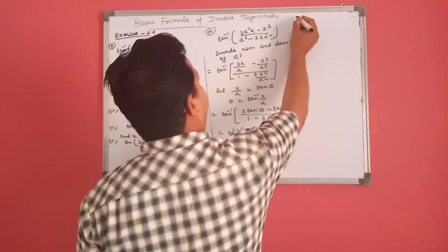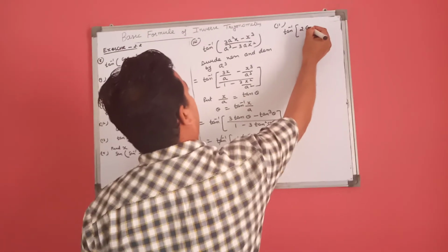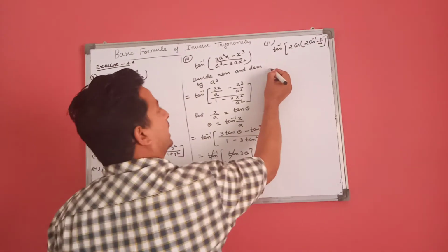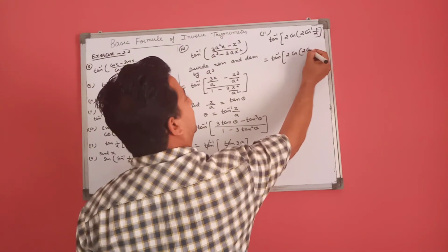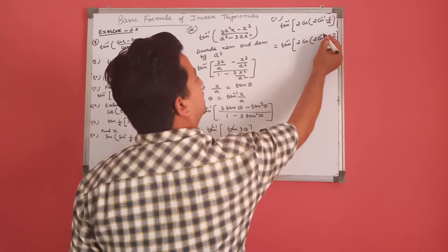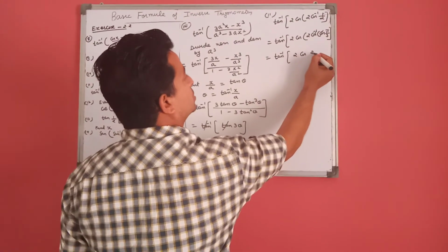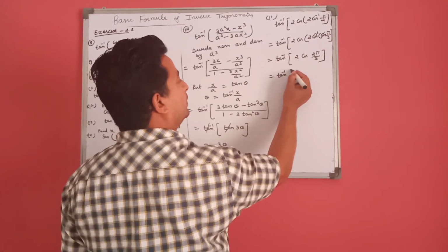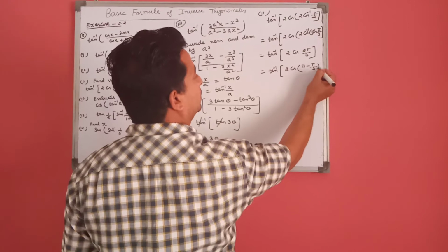In question number 11, find the value of tan inverse of 2 cos of cos inverse 1 upon 2. As we know, the value of cos inverse 1 by 2 is cos inverse cos pi upon 3. Hmm, this cancels out. This becomes tan inverse 2 cos 2 pi upon 3. As we know, 2 pi upon 3 is pi minus pi upon 3.